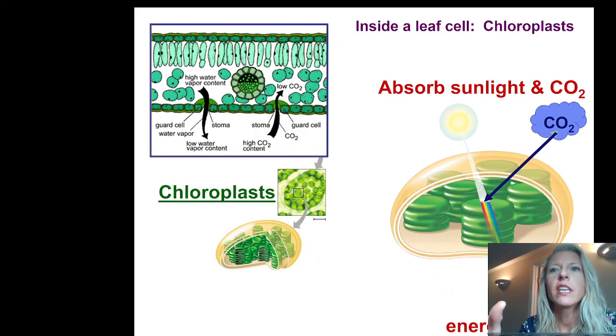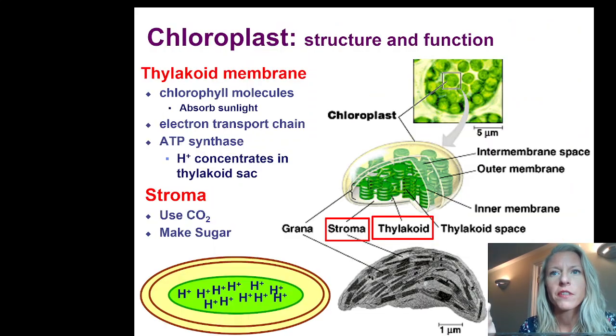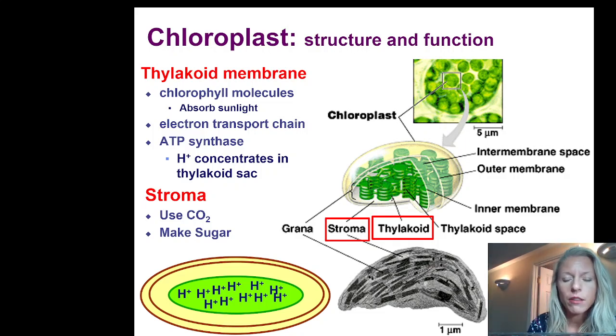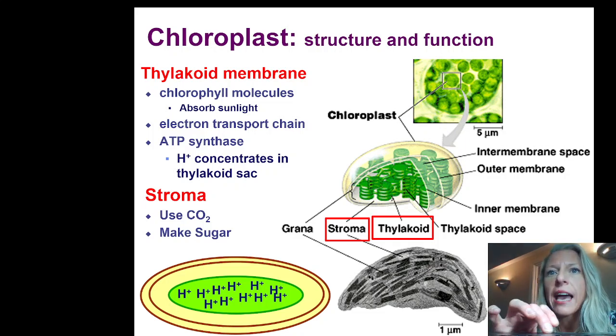Okay, so inside your chloroplast, which is where photosynthesis takes place, you have your thylakoid membranes. And your thylakoid membranes are these little stacks of green discs. Okay, and an individual stack is called a grana, where the disc itself is called a thylakoid membrane.